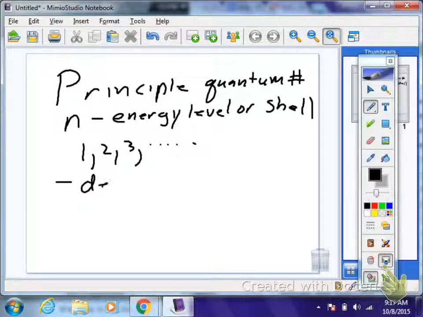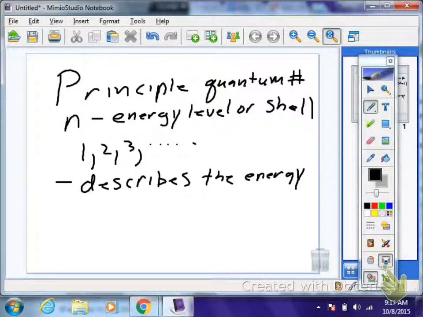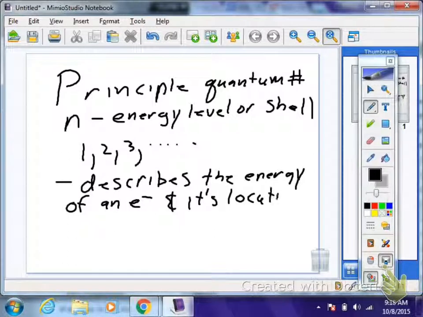It describes the energy of the electron and its location relative to other electrons.